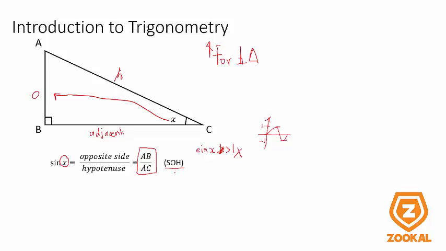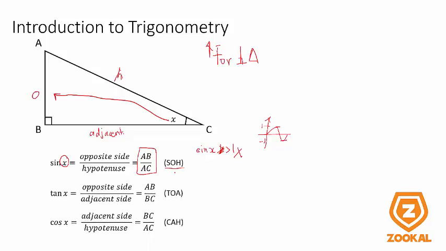Okay, so moving on, tangent x itself. Tangent x is opposite side over adjacent side, so it's AB over BC. Same thing, we have another acronym that you can remember, which is TOA. T is tangent, O is opposite side, and A is the adjacent side.